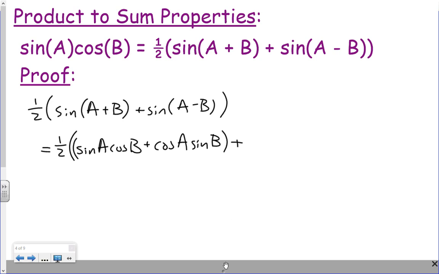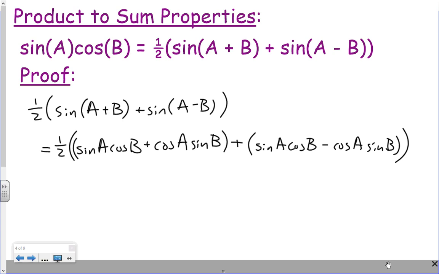In the case of addition here, I probably don't have to worry about distributing that minus sign through the second term, but definitely in the other set of properties, I'd want to make sure I have that in there. And now replace sine of A minus B with what it's equal to. And again, that's sine of A times the cosine of B, and then minus the cosine of A sine of B.